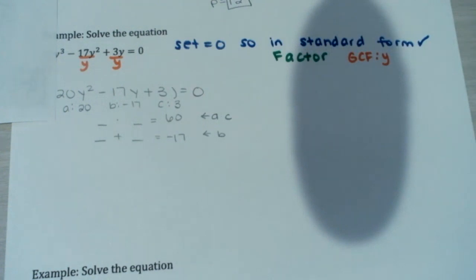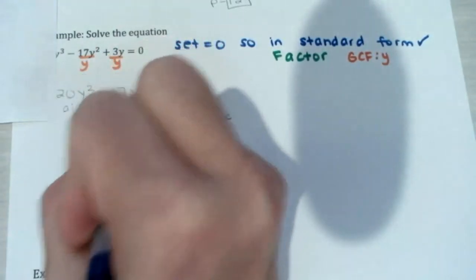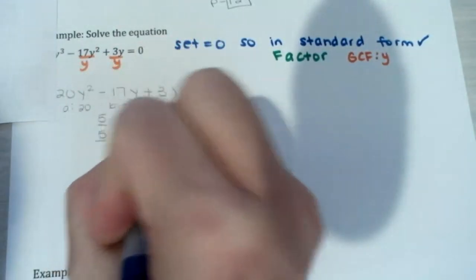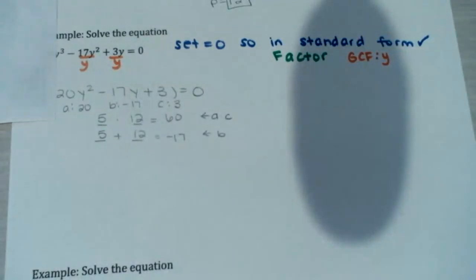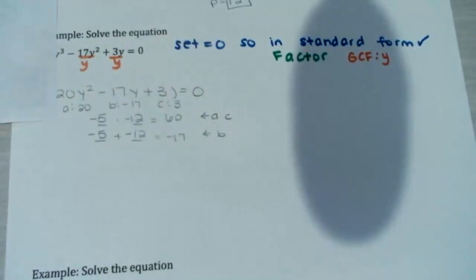I'm thinking 5 and 12 would give us 17 and 60. In order to multiply together to give positive 60, they both have to be the same sign. In order to add together to be negative 17, they both need to be negative. Negative 5 times negative 12 is 60, and negative 5 plus negative 12 is negative 17. So that's good.